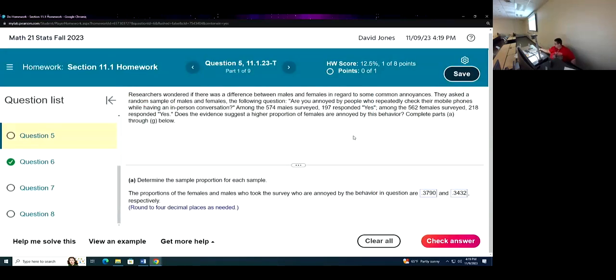Did I do something wrong in my calculator? I put 213, not 218. That changes my percentages even higher.